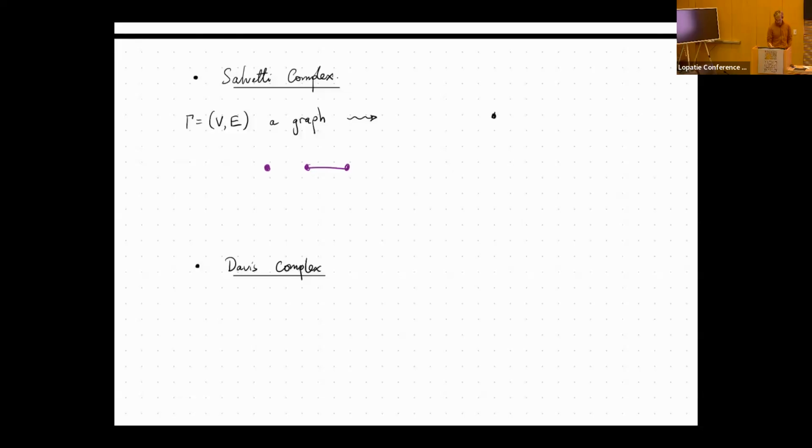You take a loop, or an edge, let's say, for each vertex of V gamma. I'll write a letter beside each one so we know which.